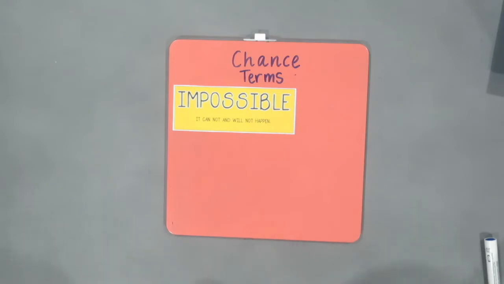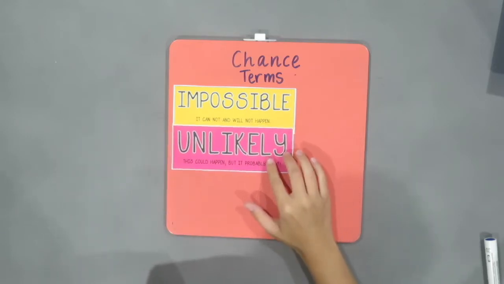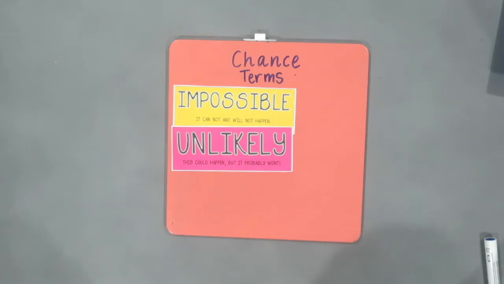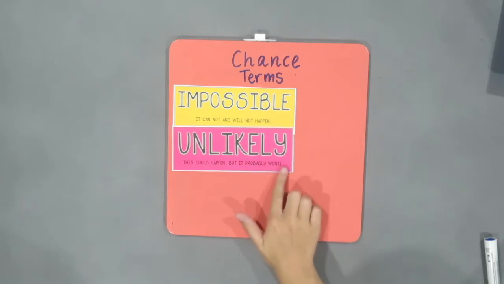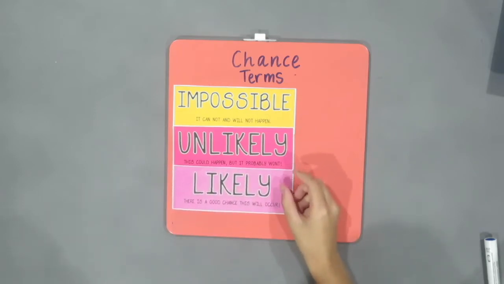Now the next step up from there would be unlikely. Can you write that word down for me? That means this could happen, but it probably won't. From there, you could have likely, which means it's a good chance that this will occur.